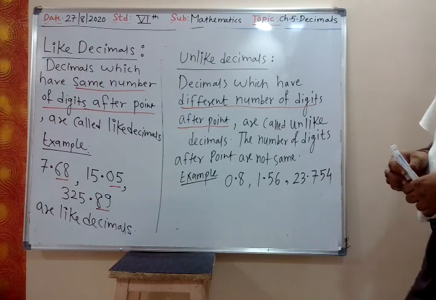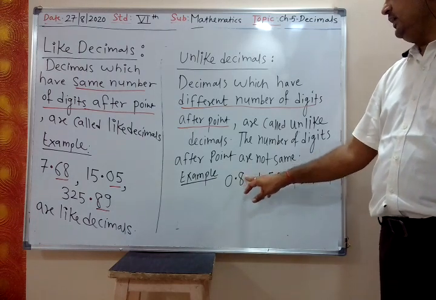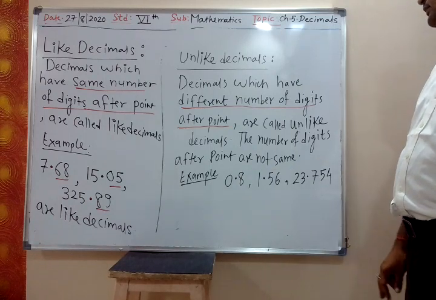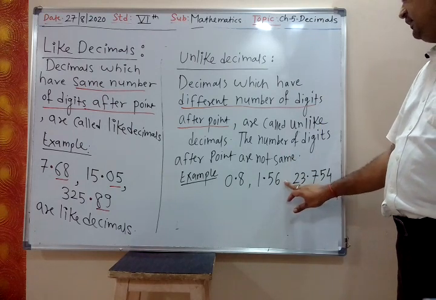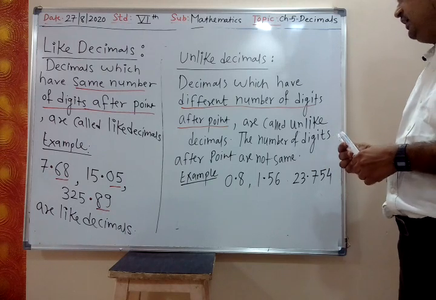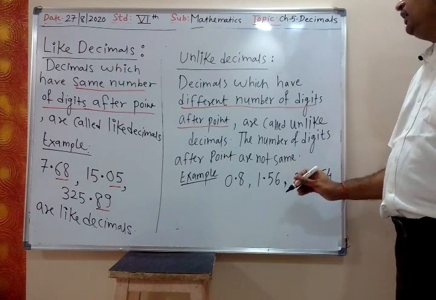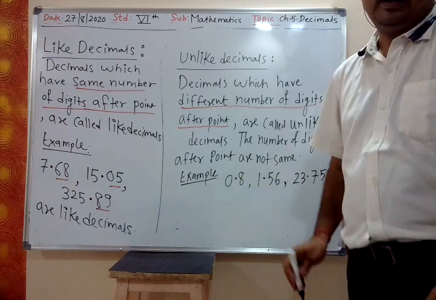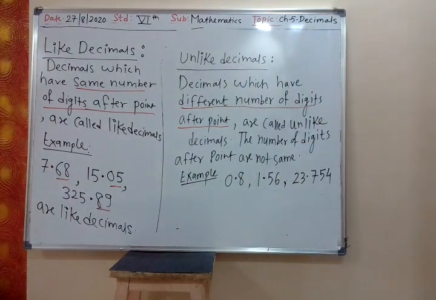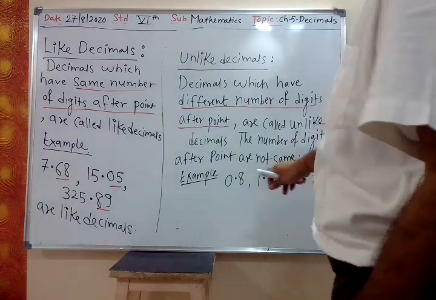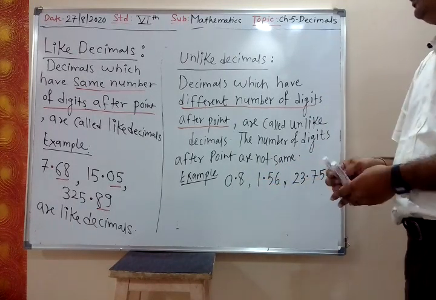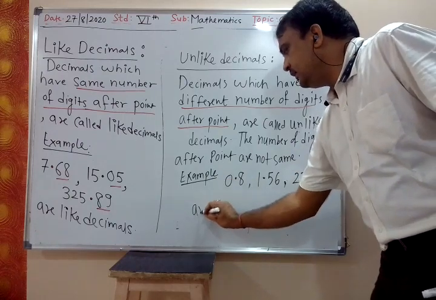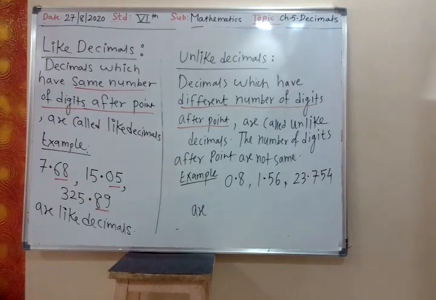They are unlike decimals, yes or no? Because after the point there is one digit, after the point there are two digits, after the point there are three digits. For unlike decimals, you count the number of digits after the point.